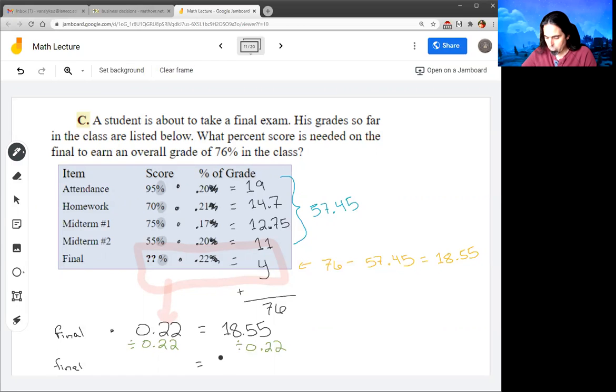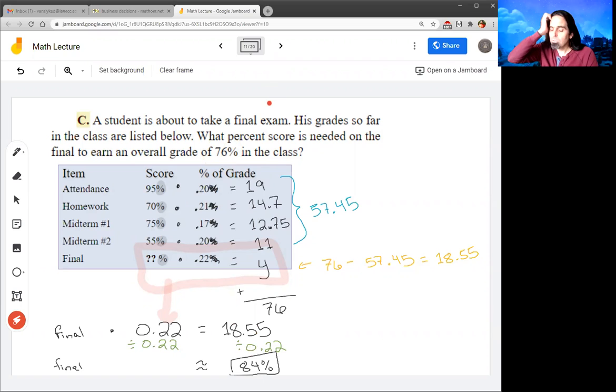So 18.55 divided by 0.22 giving me about 84%. So this number here would be 84%. If this is 84 or more on their final, then they would get the grade that they are looking for in the class.